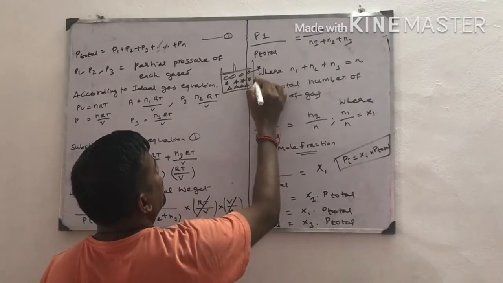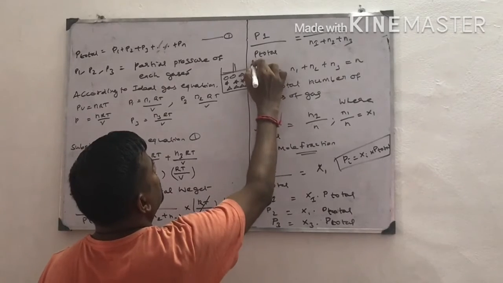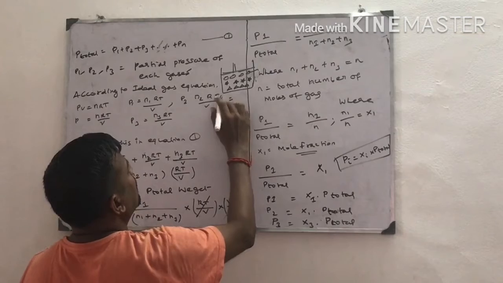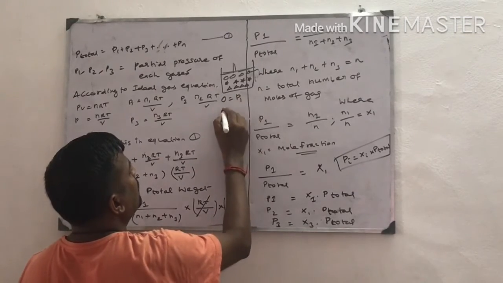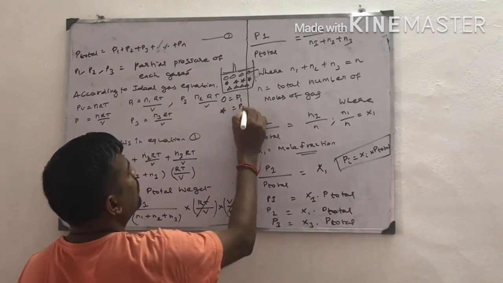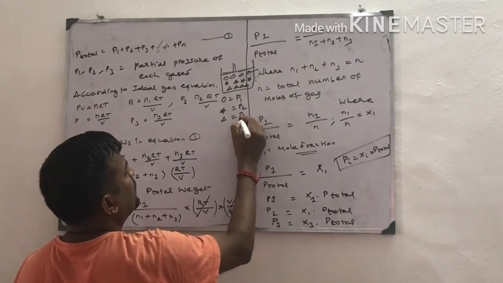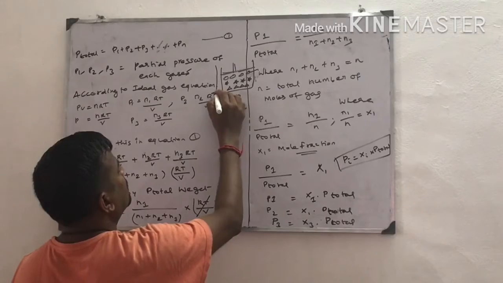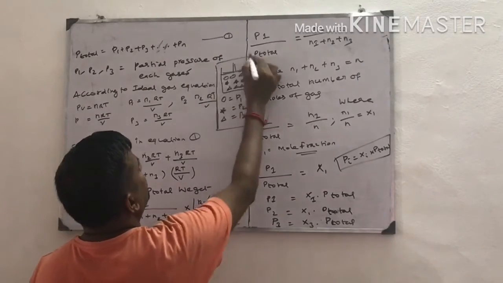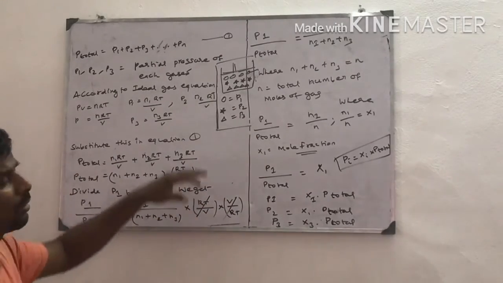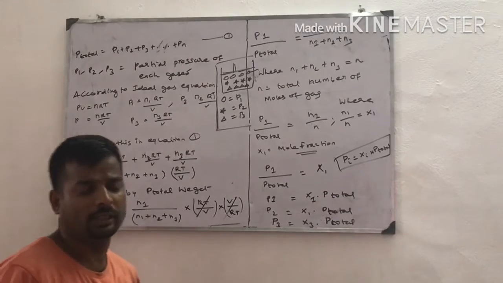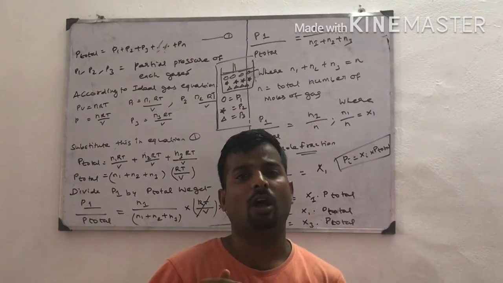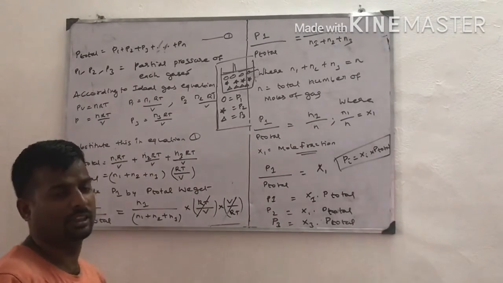The pressure of the first gas is P1, of the second is P2, and of the third is P3. Just for understanding, in a closed cylinder filled with 3 different gases, each gas having a different pressure, that was identified with the help of Dalton's equation.